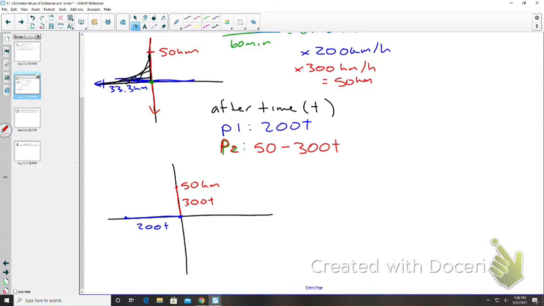So to find that whole distance for our plane headed south, it is going to be 50 kilometers, which is our starting point when the blue plane passes the house, minus 300 t. That describes the location of the red plane with respect to the house, which is our origin.